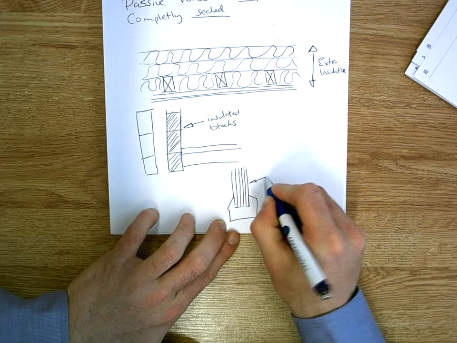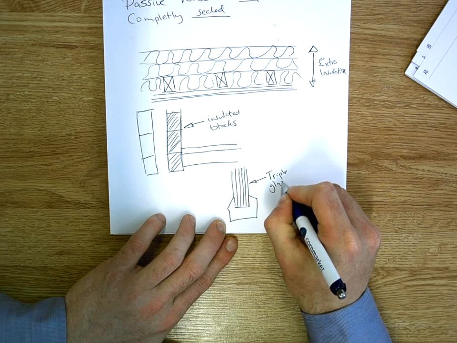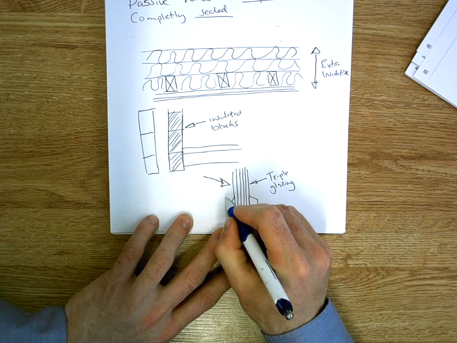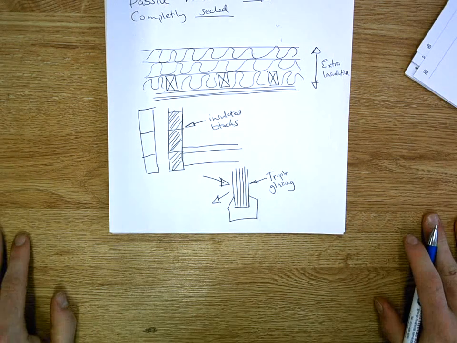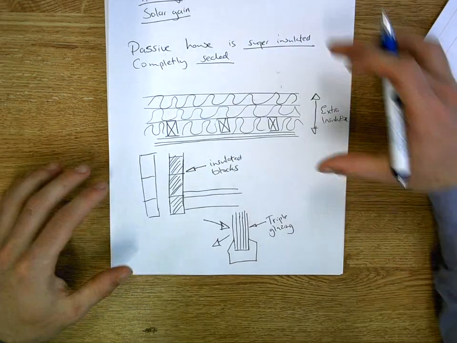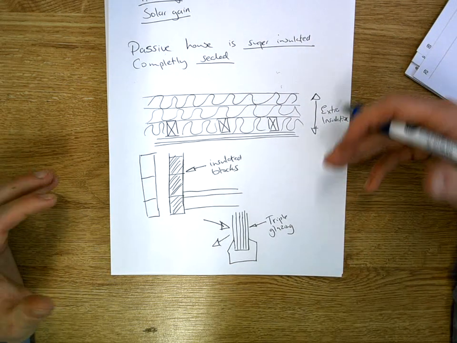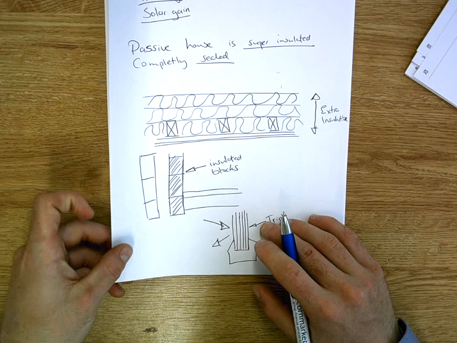Again, label up triple glazing glass, and always try and show where heat would be trying to escape and bounces back inwards. Okay, so in terms of insulation, just focus on areas like that, the walls, the floor, the windows, and emphasize the extra layers of insulation.